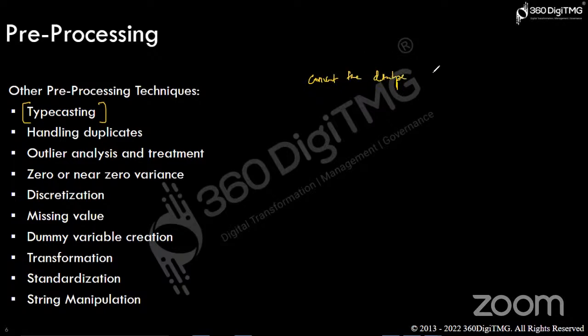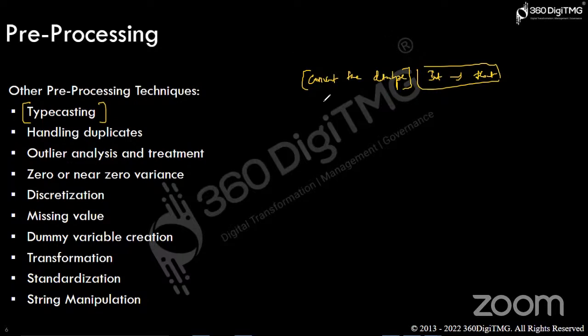Maybe we have the data in integer format and I want to convert that into float format. What I have to do is use the technique called typecasting. So this is data pre-processing: we understand the data based on our requirement. If I have to convert my data into another data type, I am going to use typecasting.